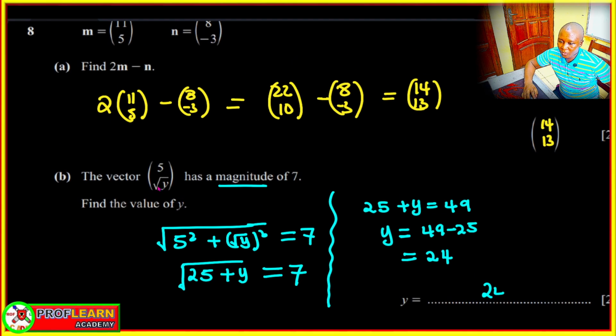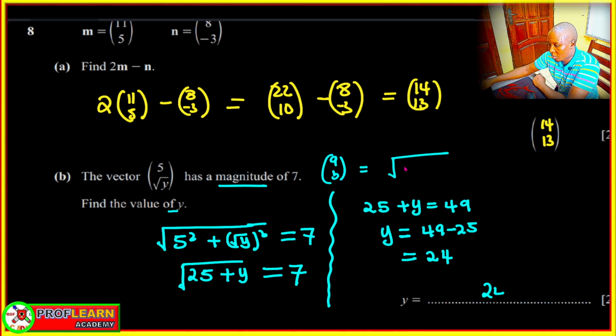Vector (5, root y) has magnitude 7. Find the value of y. We know for you to find the magnitude, whenever you are given a column vector (a, b), the magnitude is going to be equal to the square root of a squared plus b squared. That's how you find the magnitude. But now here is 5 and here is root y. So we can put that into brackets that way.